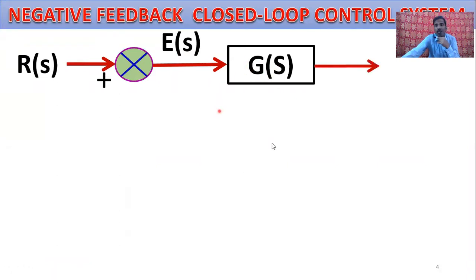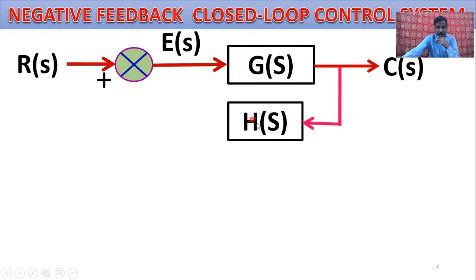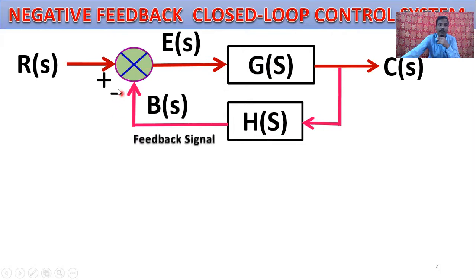The output C of S is called the controlled output or overall output. This is the feedback path, H of S is the feedback element, and the feedback gain is B of S. So this is the closed loop negative feedback control system because this feedback is negative.